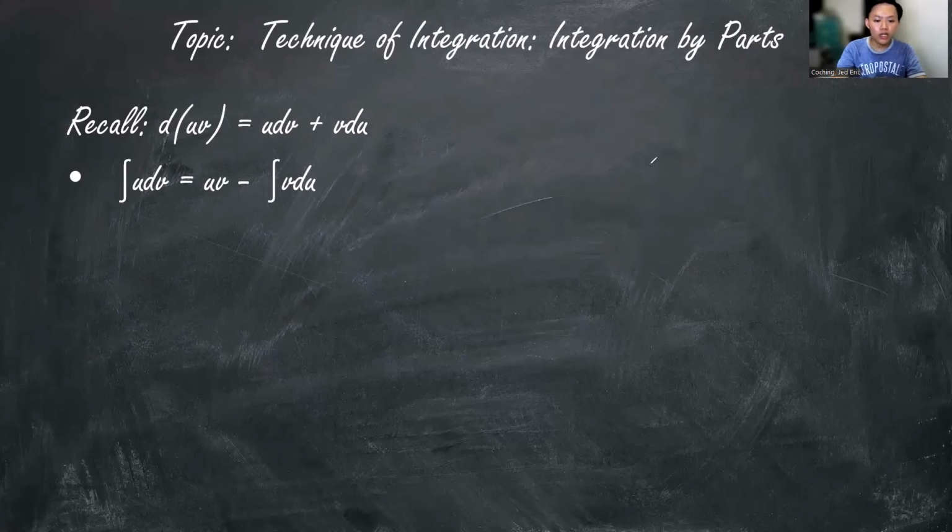In integration, the integral of u dv is equals to u times v minus the integral of v times du. And using this formula, we can solve the next few problems.